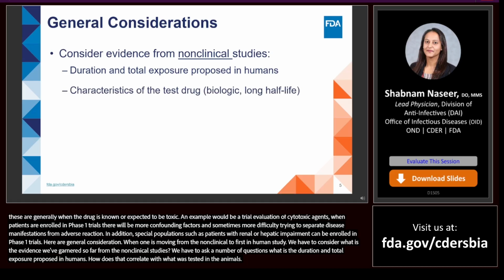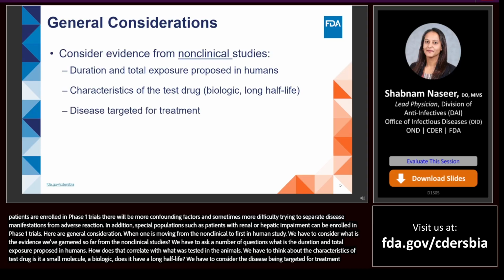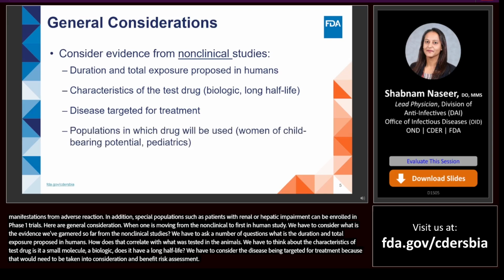We have to think about the characteristics of the test drug. Is it a small molecule? Is it a biologic? Does it have a long half-life? We have to consider the disease that's being targeted for treatment, because that would need to be taken into consideration in the benefit and risk assessment. We have to think about the population in which the drug will be used.